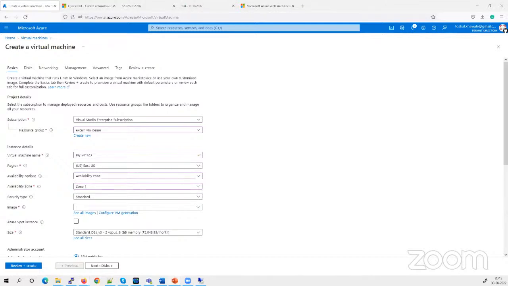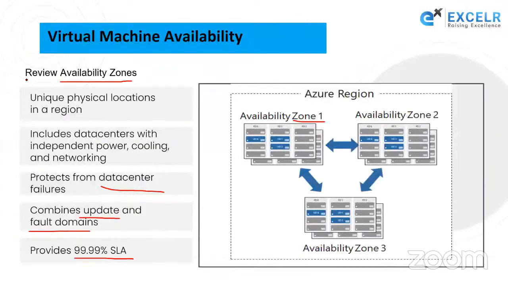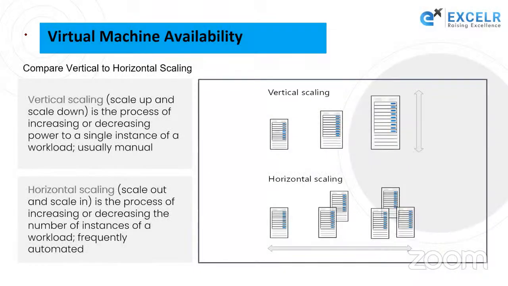Now moving to next. I'm not going to create this virtual machine ahead, but just want to show you that. Okay, let us go ahead. Very important to understand one of the concepts whenever we are using our resources, which is understanding what is vertical scaling, what is horizontal scaling.